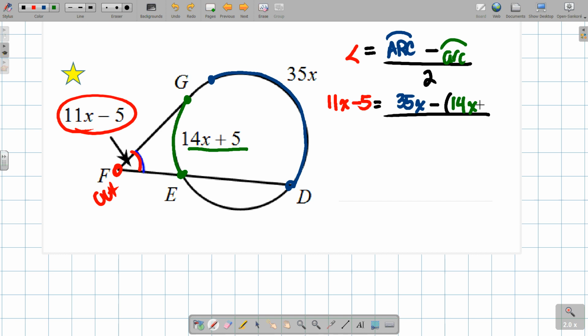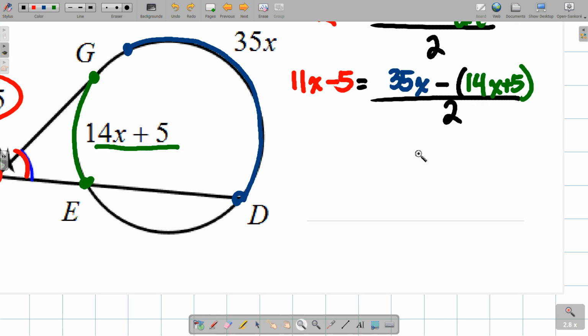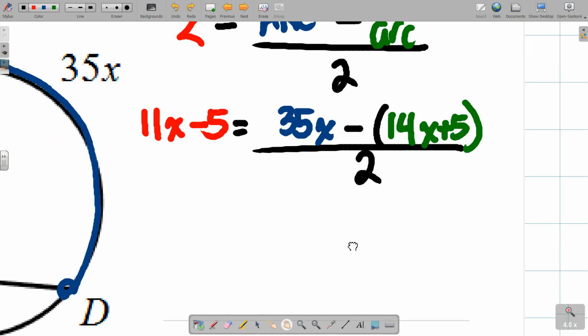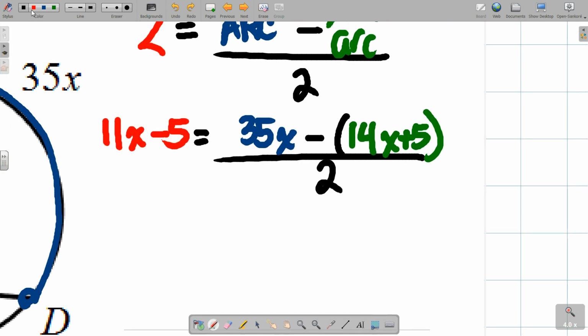Make sure you get that parentheses. You'll see why in just a second. Over 2. That parentheses, we're subtracting that entire arc, which is that whole expression. Technically, there's a 1 there. I'd like you to distribute very carefully.